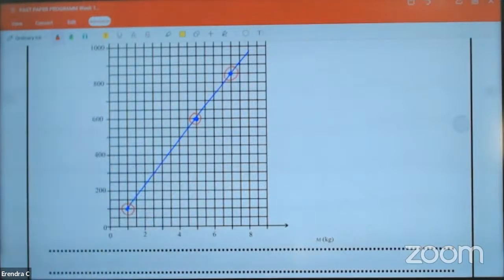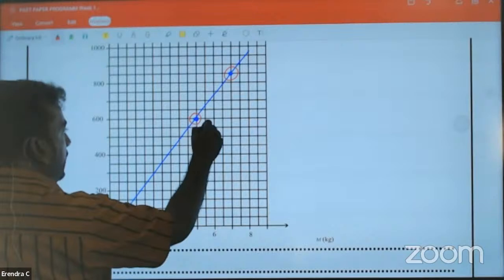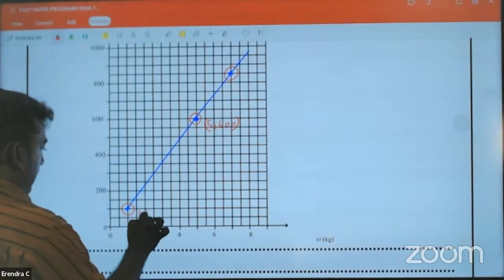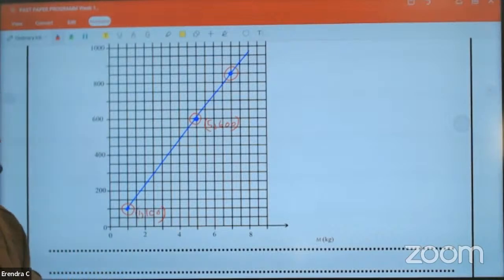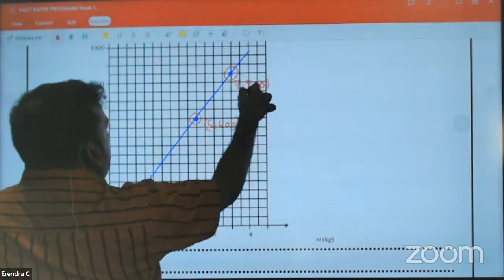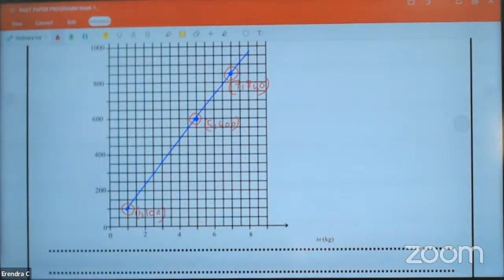Any one you can take. 1 and 100, 5 and 600 is also good, and 7 and 850 on the X-axis is also good. One of the three. Right.